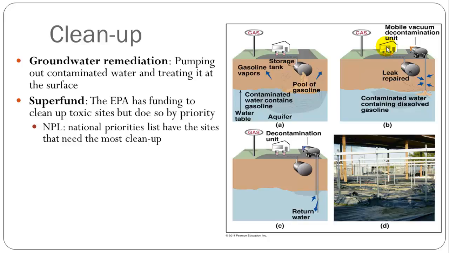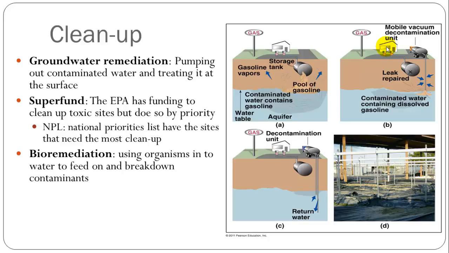I think the Chesapeake Bay is one of these sites which has been polluted for many years, and a lot of money is going into making the Chesapeake Bay a more pristine environment for organisms.